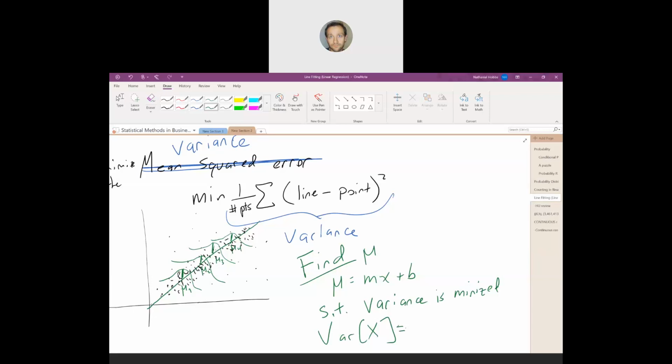Can anybody remind me what the equation is for the variance of a random variable? Or just describe what variance means in words.